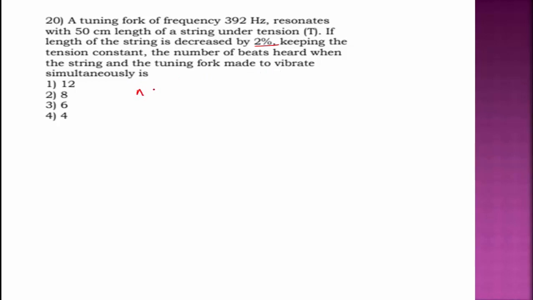Here n is proportional to 1 divided by L. Therefore, delta n divided by n is equal to minus delta L divided by L.